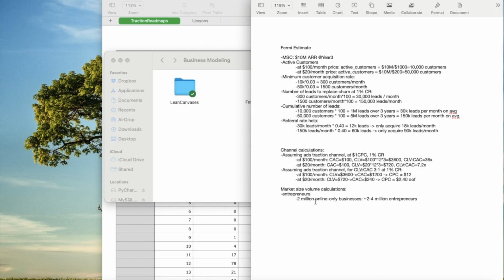The other thing that you should do is look at volume, but you also want to look at which of those exist, then which are reachable through the channel, and whether it's even profitable. Given a volume of users on a channel, what is their cost to acquire? And given some conversion rate, suppose 1%, and given your CLV, is it even a profitable venture?